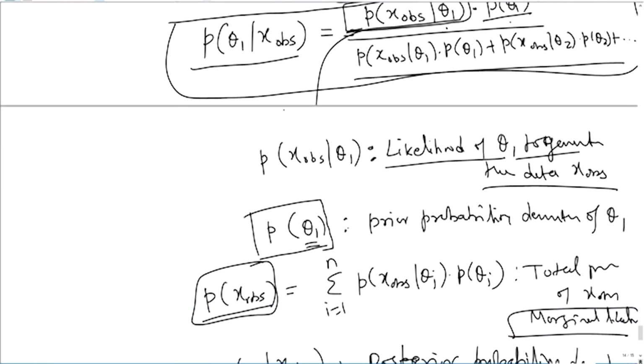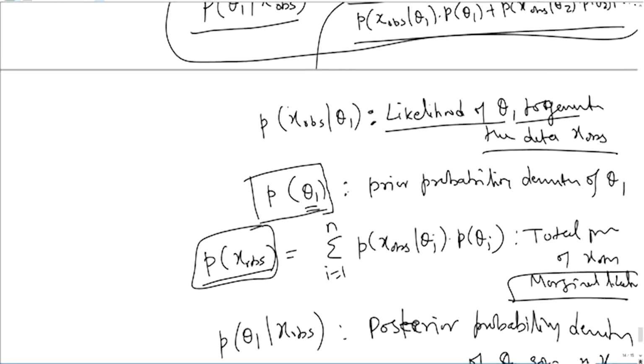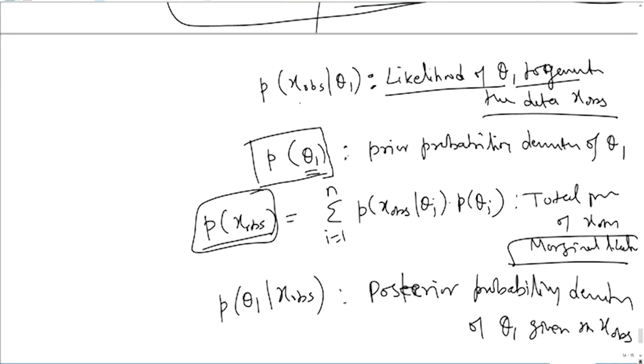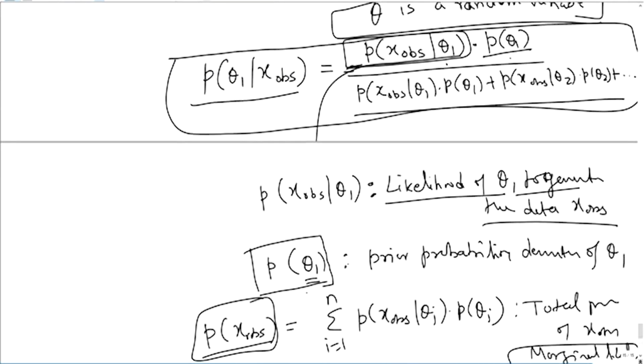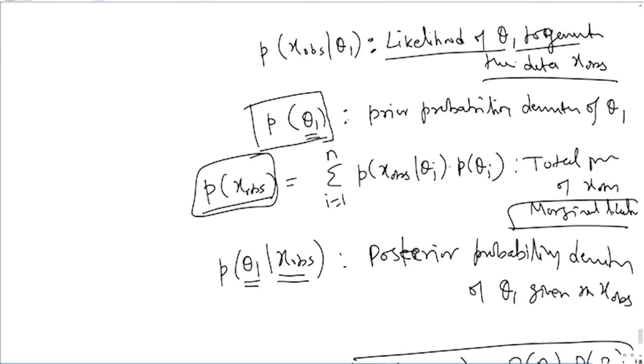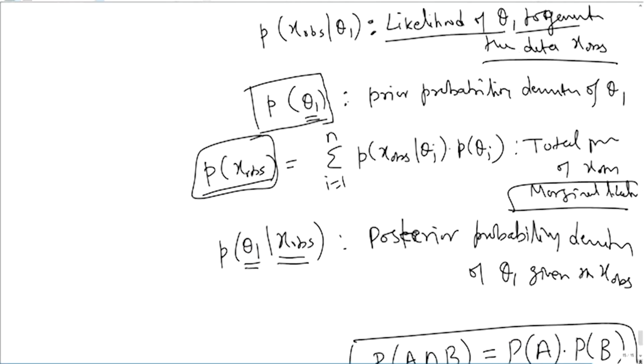The posterior density is the probability density that the true value of the parameter is theta 1 given the data x obs, and given your prior assumption about the parameter, which is p of theta 1. So given this likelihood function and this prior assumption, what is the probability density of theta 1? That is the posterior probability.